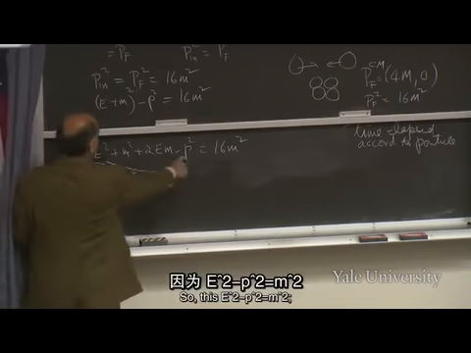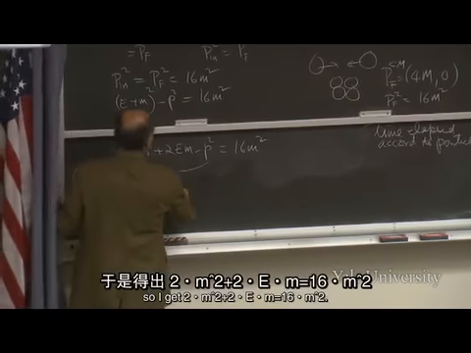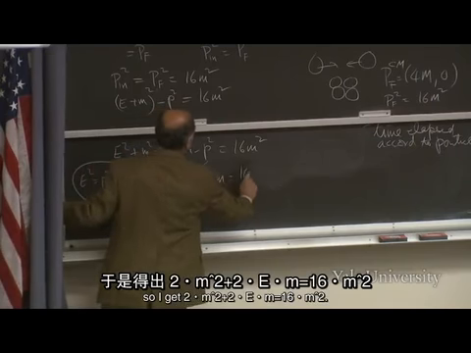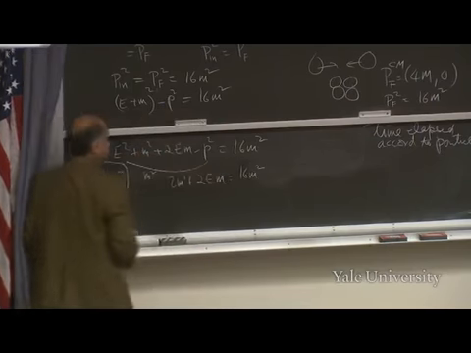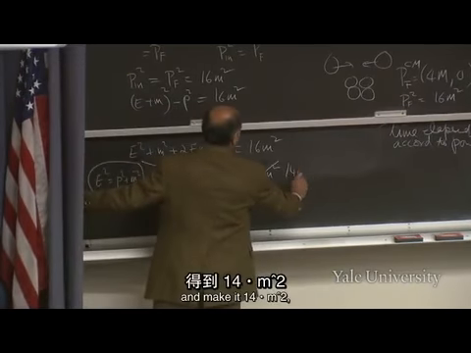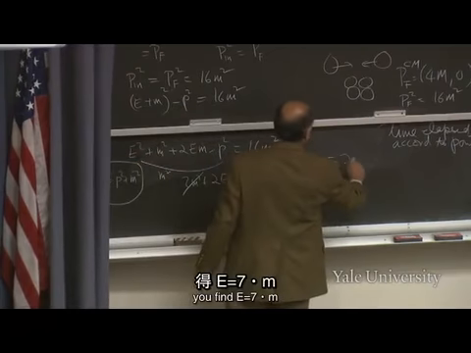So this E squared minus this p squared is an m squared. There's already an m squared here. So I get 2m squared plus 2Em equals 16m squared. You cancel the 2 and make it 14m squared, and you divide by 2m, you find E equals 7m.